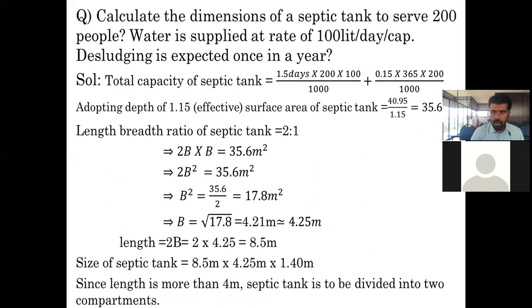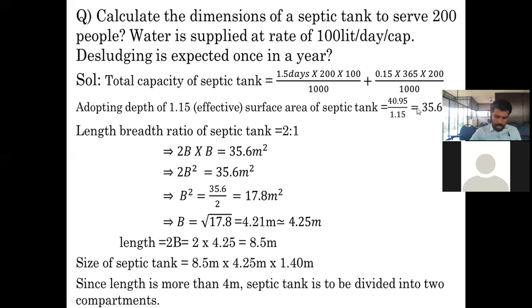So if you know the depth, or if you are giving a depth, the maximum height should be 2 meters. If I am giving my septic tank 1.15 depth, what would be my area? Volume divided by depth. That is the area. That is a formula.